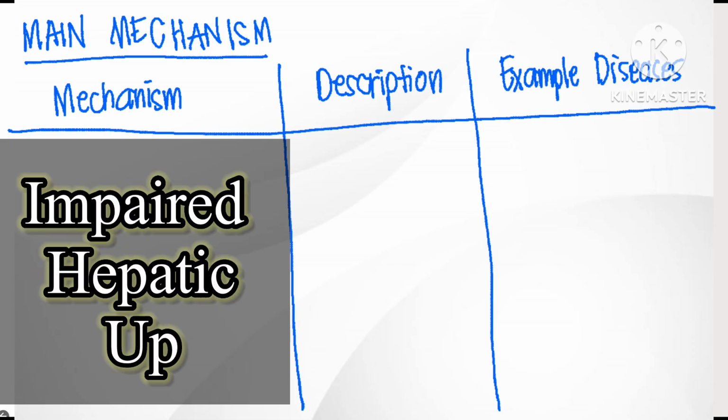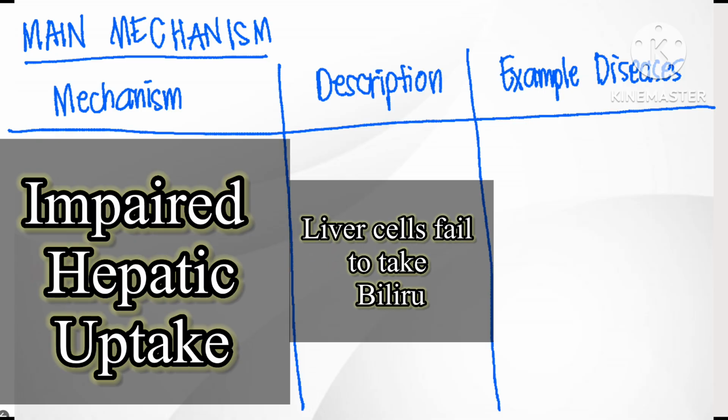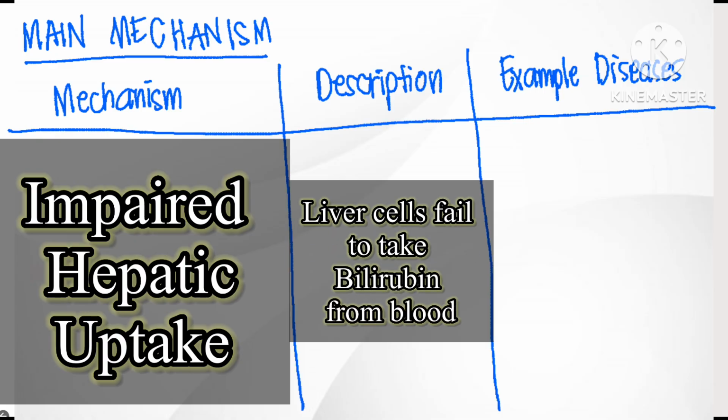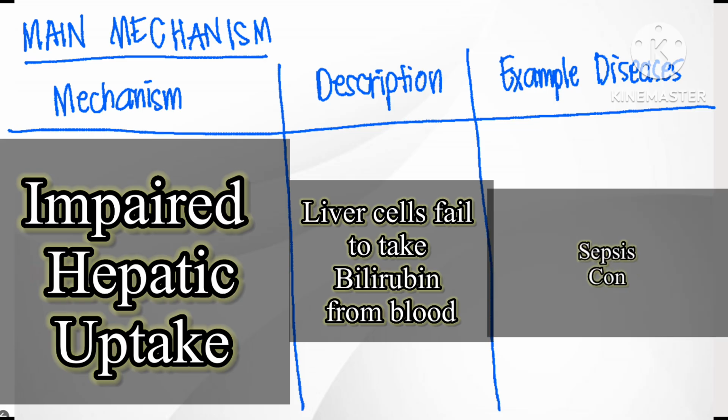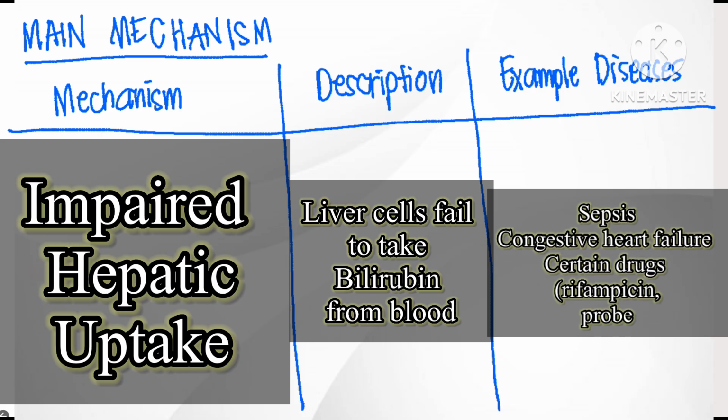Another mechanism would be impaired hepatic uptake. This means that the liver cells fail to take up bilirubin from the blood. Examples would include sepsis, or if the patient has congestive heart failure, meaning there's reduced hepatic perfusion, or it can be due to the intake of certain drugs like rifampicin or probenecid.